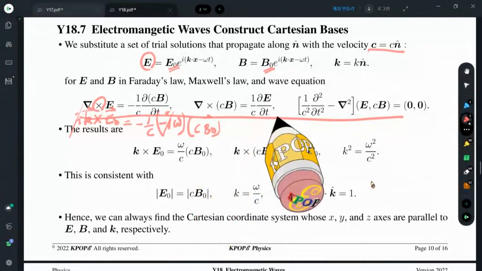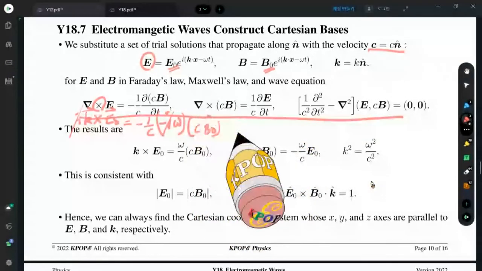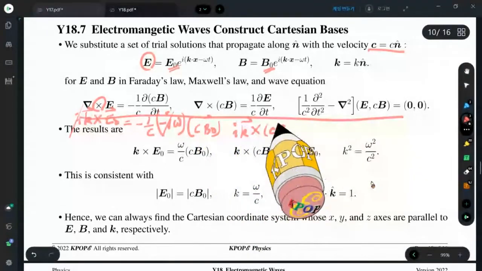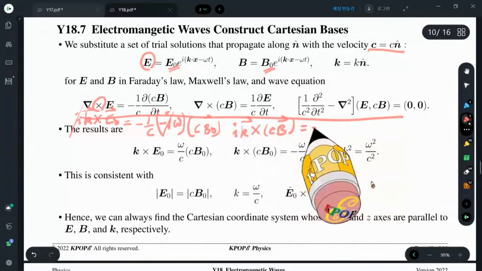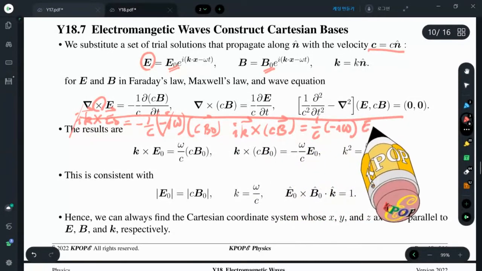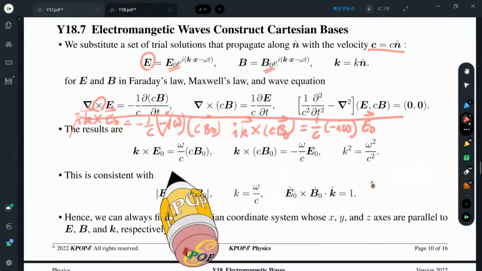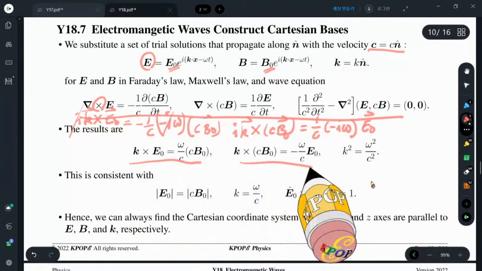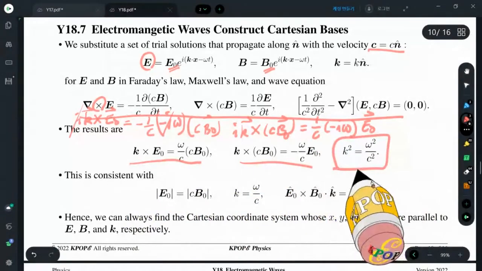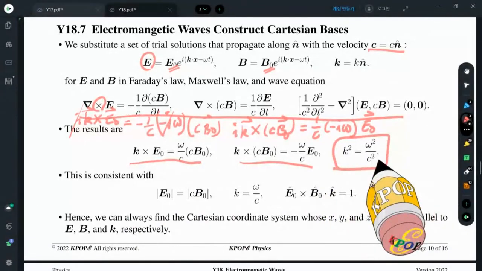From this equation, Faraday's law, we have ik vector cross product cB equals 1 over c times minus i omega E0, and the exponential factors cancel. Finally, we end up with these relations. From here, we find that the wave vector squared is omega squared over c squared.